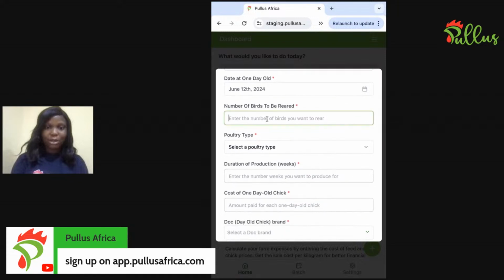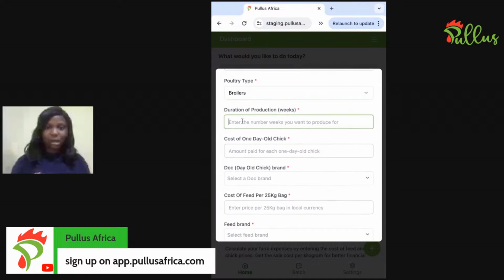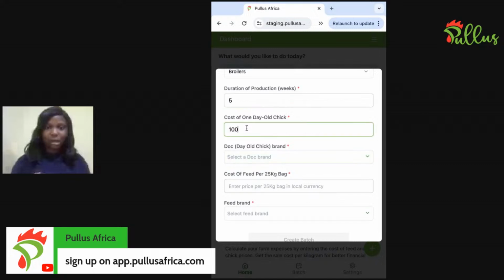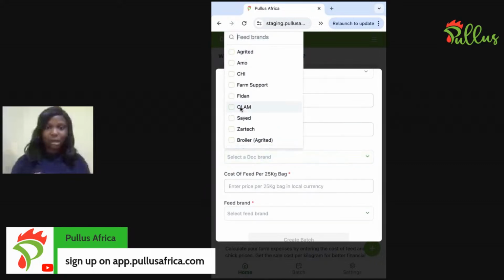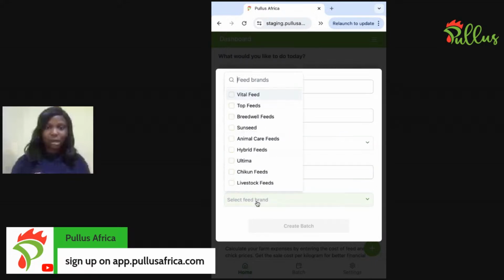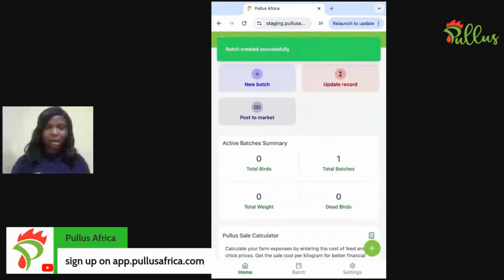How many birds are we rearing? Let's do 1,000. Our poultry type is broilers. Duration of production, let's put it as 5 weeks. Cost of 1 day old, let's put it as 1,000. Our brand, Olam. Cost of feed, 15,000. Our feed, livestock, and we just create that.